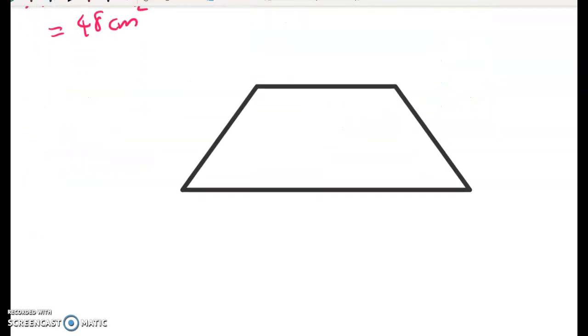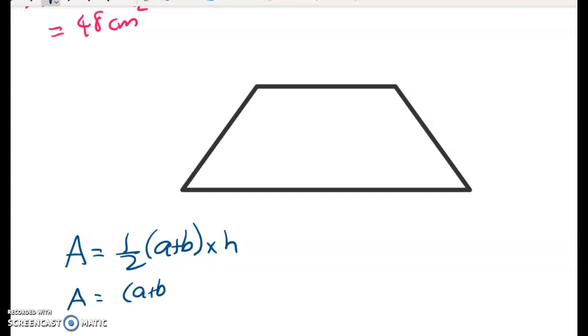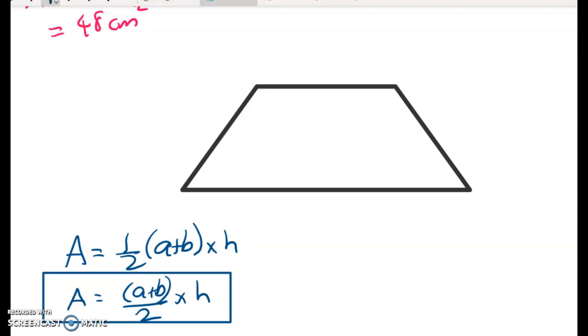Now the last one is the trapezium formula. Now this looks a bit worse than the other ones. Sometimes you'll see it written like that. Sometimes you'll see it written like this, which is the same thing. I prefer to see it written like this, and here's why. All we do to find the area of a trapezium is look at our 2 parallel sides.